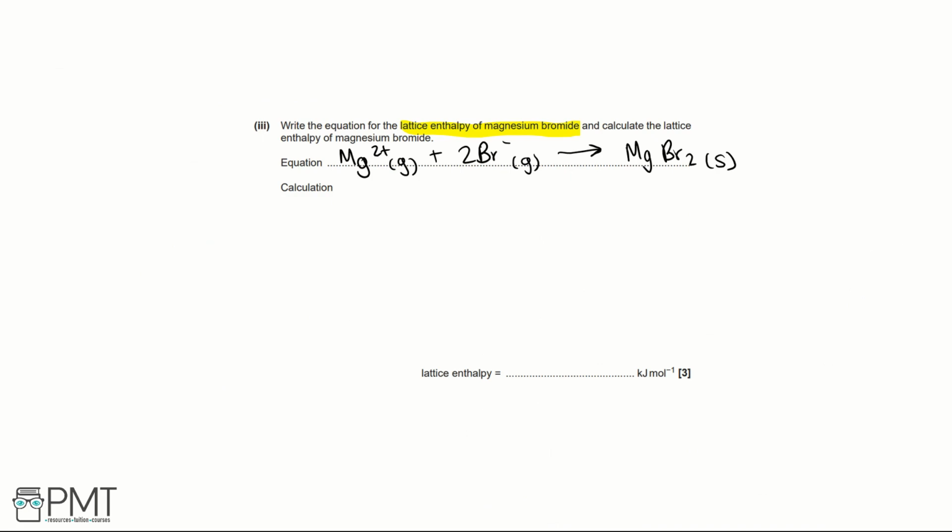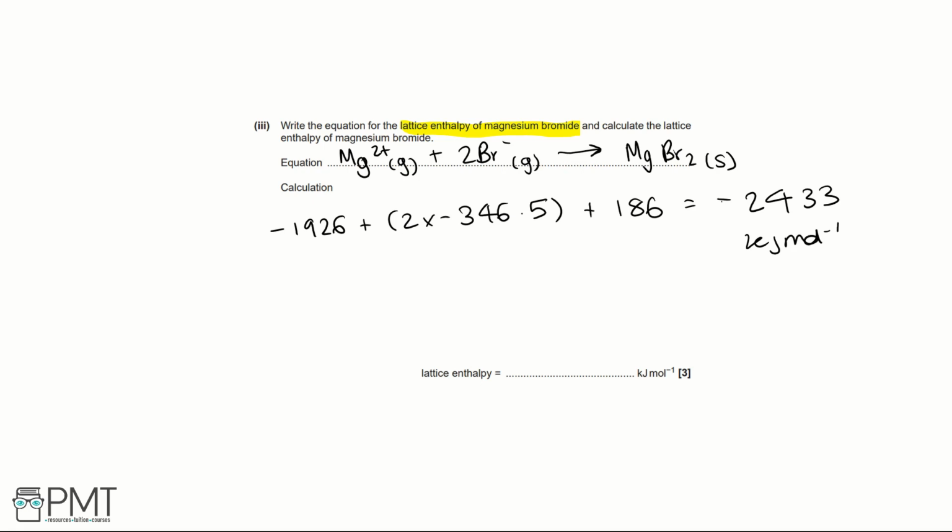So if we rewrite that, it's going to be minus 1926 plus 2 times minus 346.5 and then plus 186. So that equals minus 2,433 kilojoules per mole, which we can then write on the answer line, minus 2,433. So to get the 3 marks for this question, you get a mark for your equation being correct, and you get a mark for the lattice enthalpy calculations being correct, and a mark for your answer.